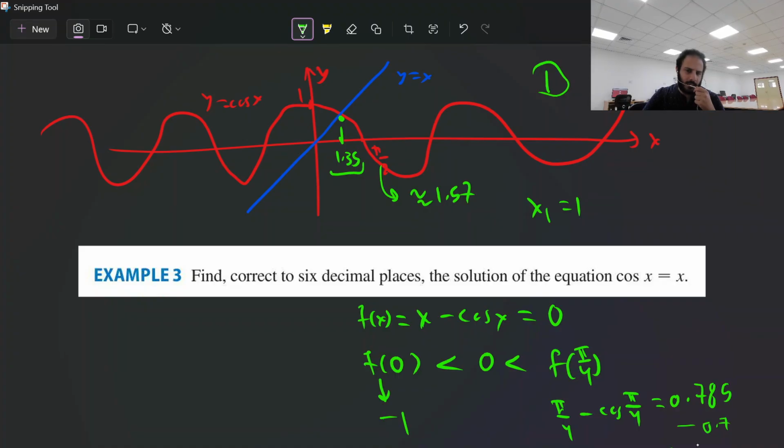You get a positive answer, right? But this is very small, 0.085. So you know now that the solution is very close to 0.085, right? Are you good with this? So the solution will be between 0 and 1.